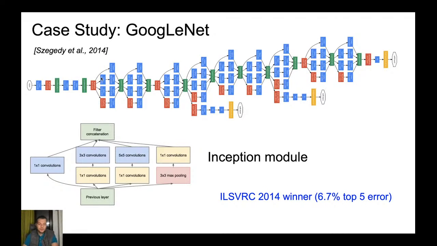So this allows the network also to learn different pathways. Suppose that in this location the 1-by-1 convolution pathway is not useful, then simply the network can learn weights that are equal to 0, and then this output will not matter here anymore.